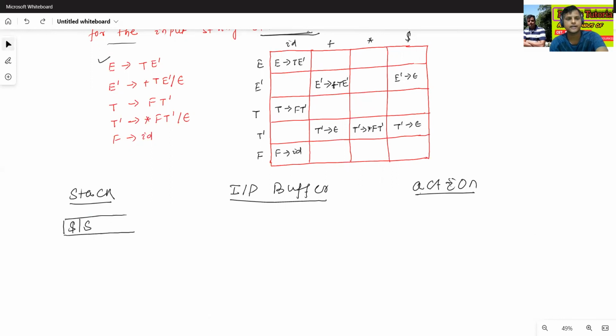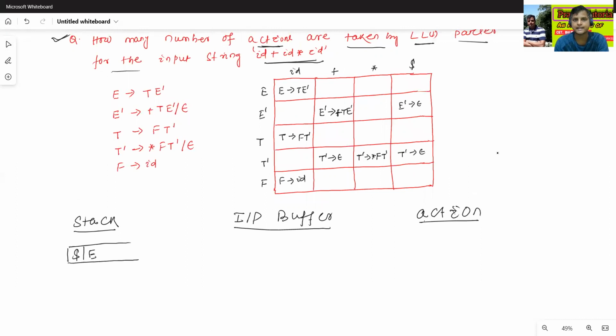This is not S, this is the E. The input buffer is ID plus ID star ID, then dollar.